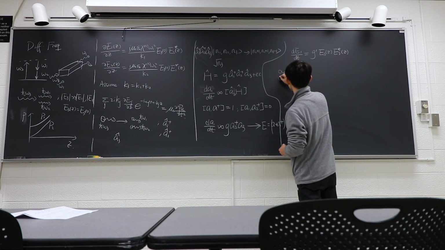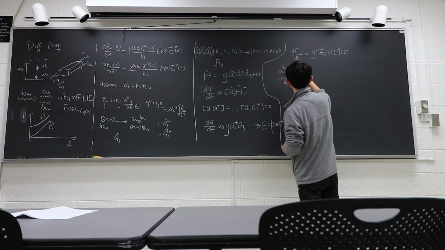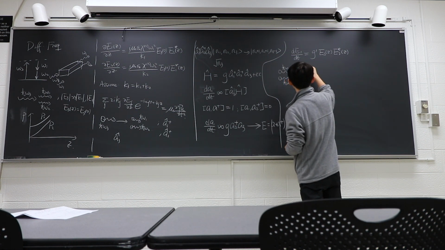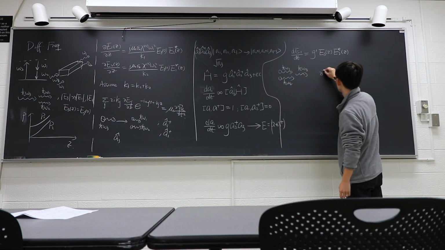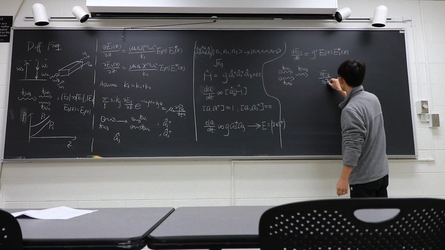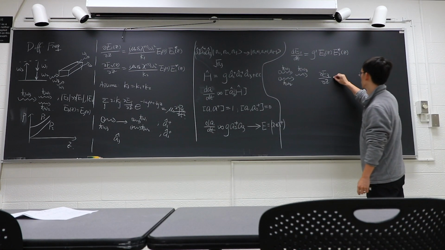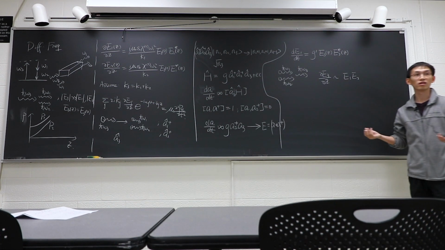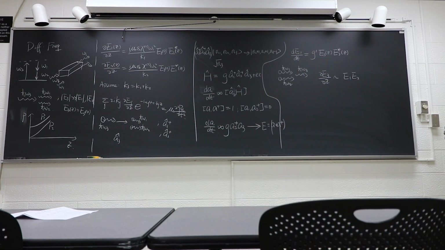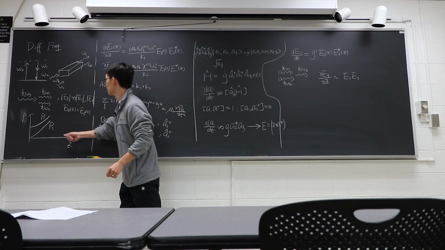Let's say some frequency: E3 is coming from 1 and 2, and you just write it down like this. Now how about E2 here?